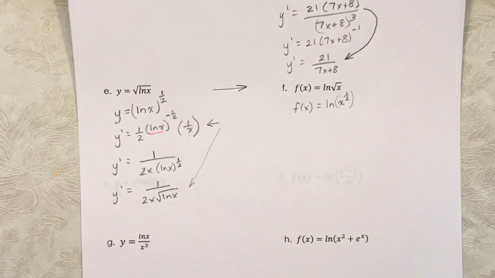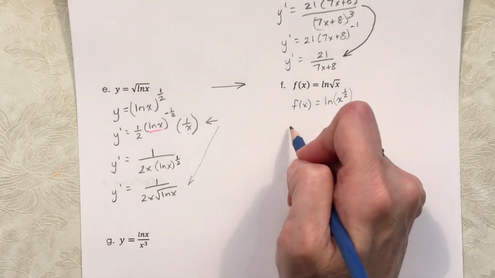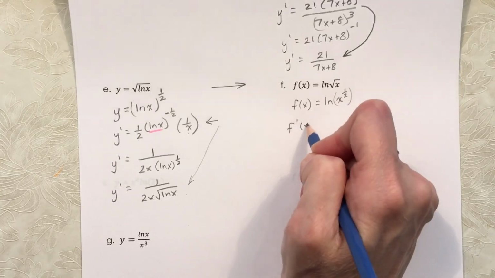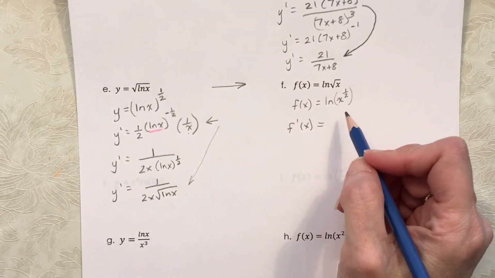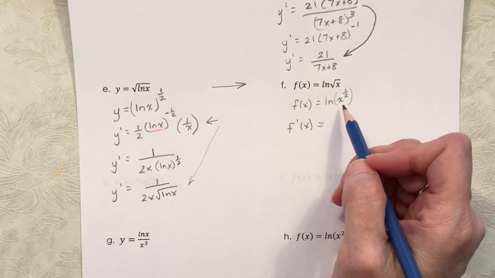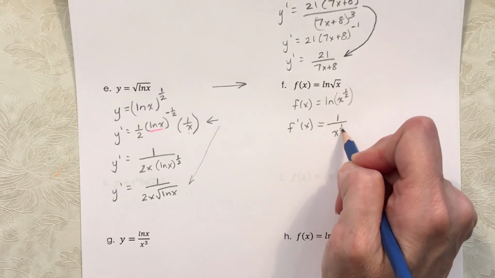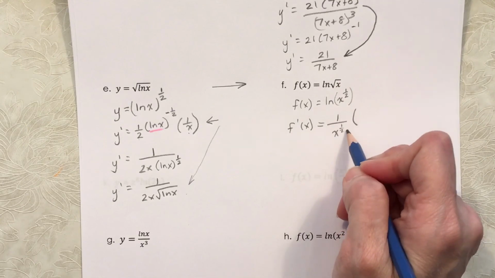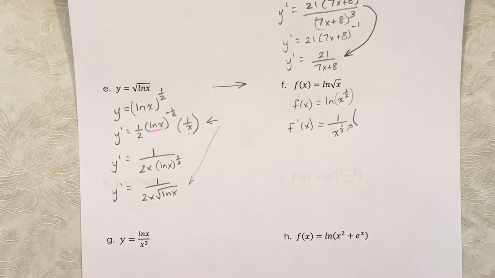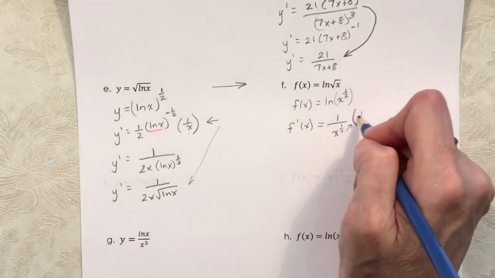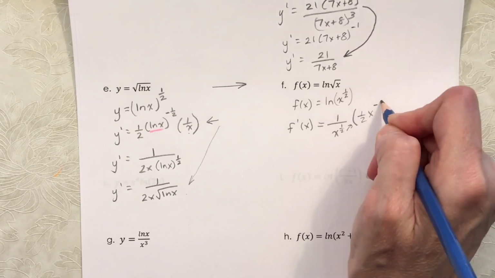So I'm taking the ln of x to the 1/2. Okay, so this one is first a ln. So to find the derivative, following how to take the derivative of the ln of a function of x, it's 1 over whatever that function of x is, and then you multiply that by the derivative of that function of x, which in our case is going to be 1/2 x to the negative 1/2.